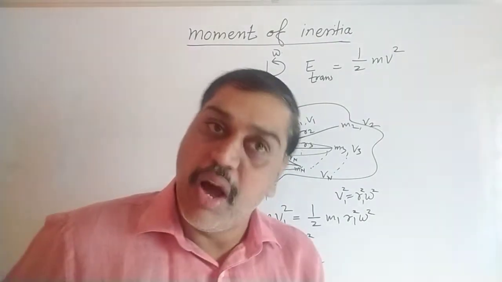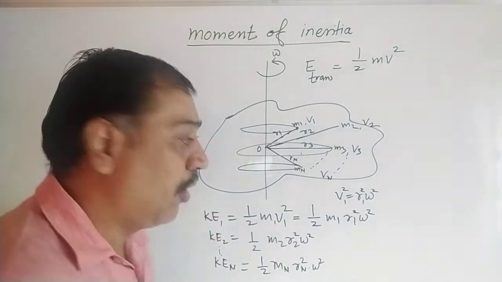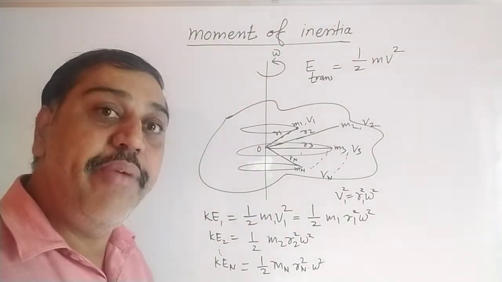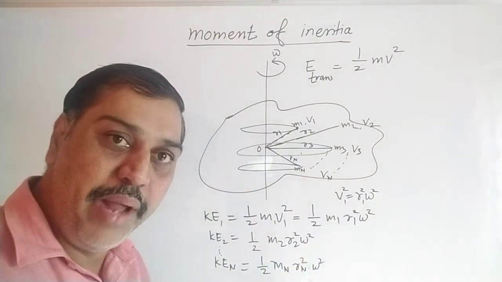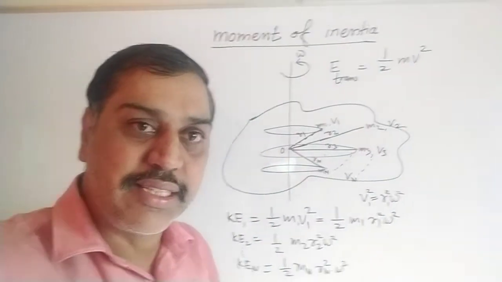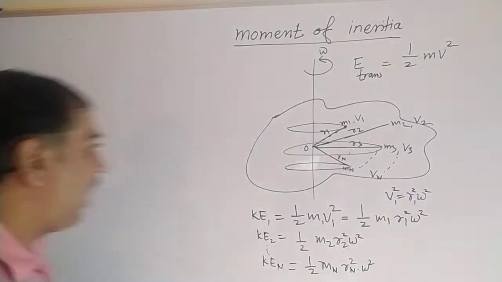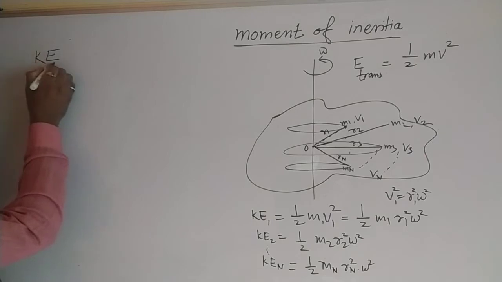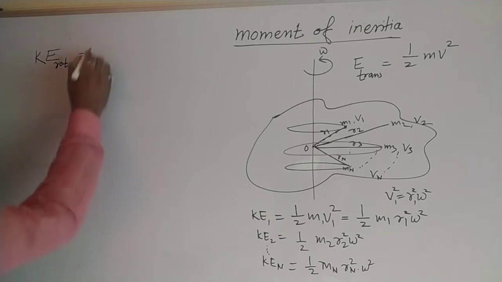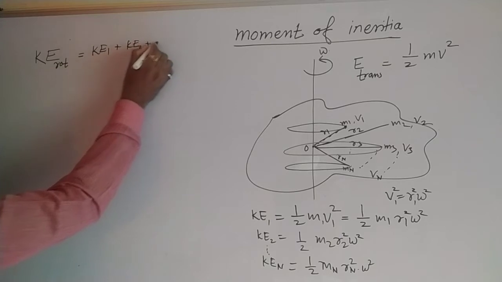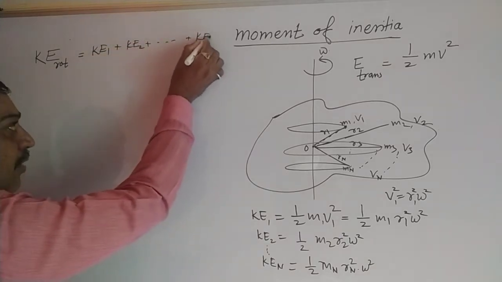Now what is our aim? Our aim is to find the kinetic energy of the whole body which is rotating, and these are the kinetic energies of individual particles having masses m1, m2, m3, and so on. That's why the total kinetic energy is nothing but the sum of all these kinetic energies. So we can write one equation. The kinetic energy of rotational motion for the whole body which is rotating is equal to the kinetic energy of the first particle plus the second particle plus so on up to the kinetic energy of the nth particle.